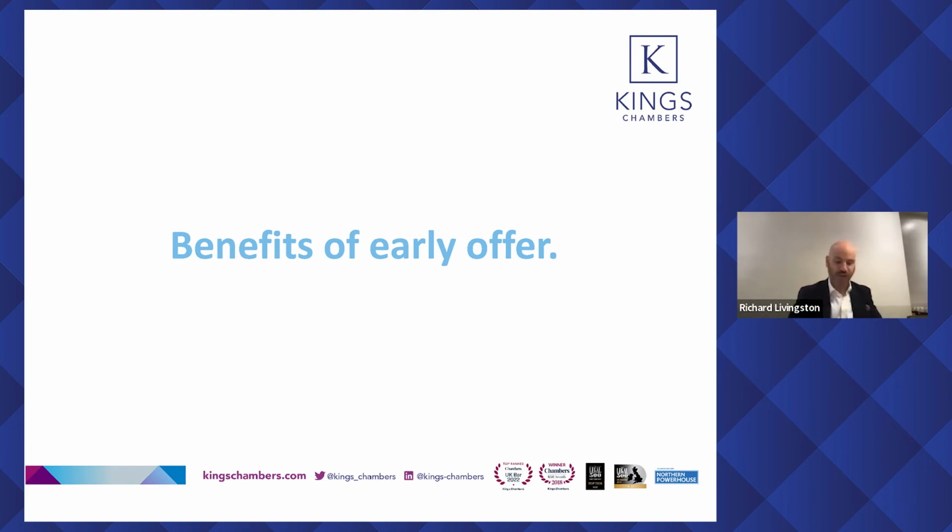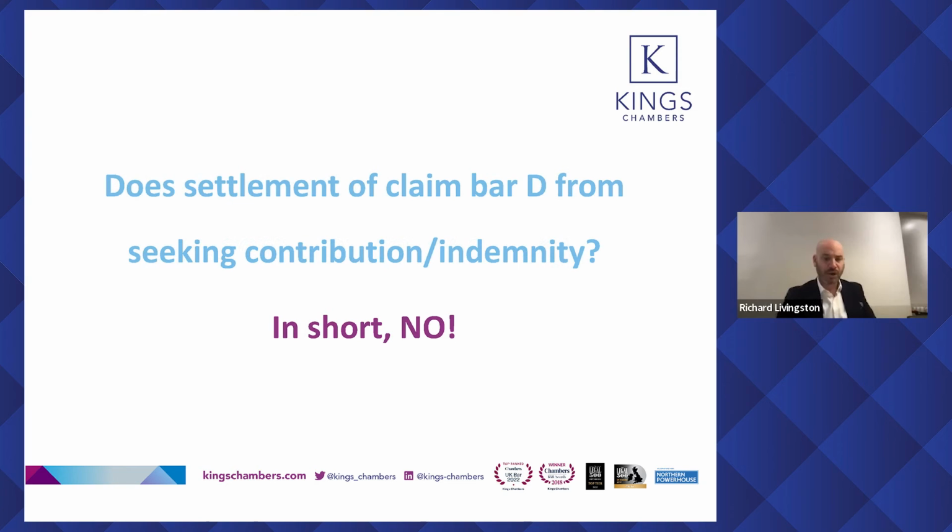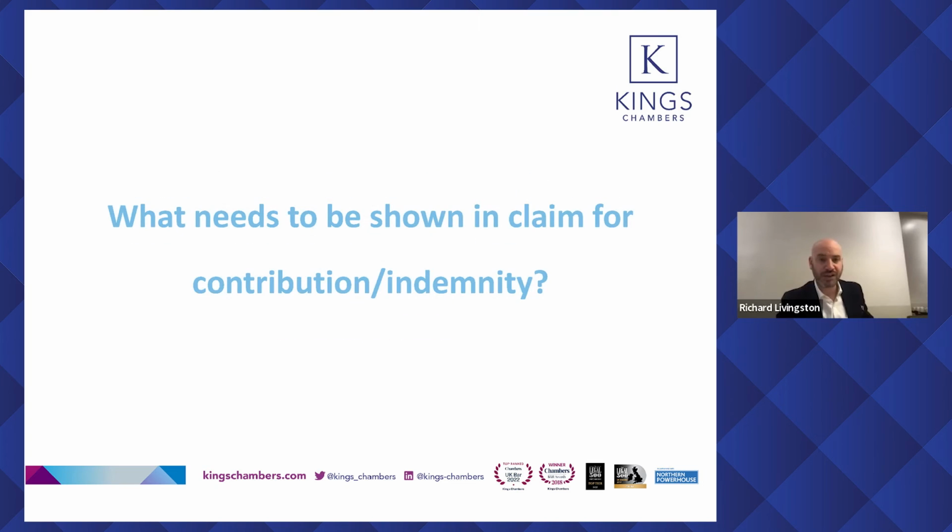In these cases, there's always advantage to making an early competitive Part 36 offer and seeking contribution off stage, as it were. And on that point, crucially, the fact that D chooses to settle doesn't bar him from seeking a contribution from A, provided that his settlement was bona fide.